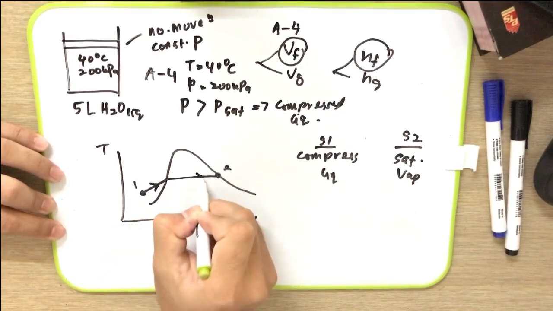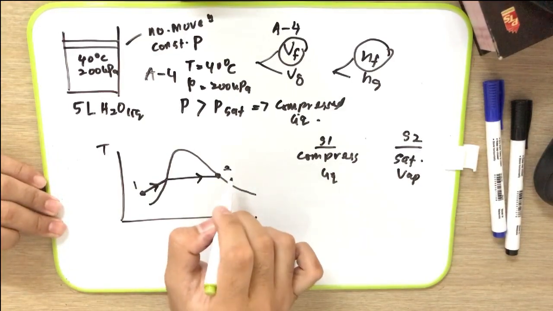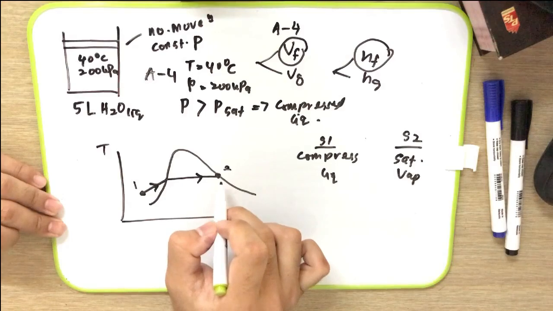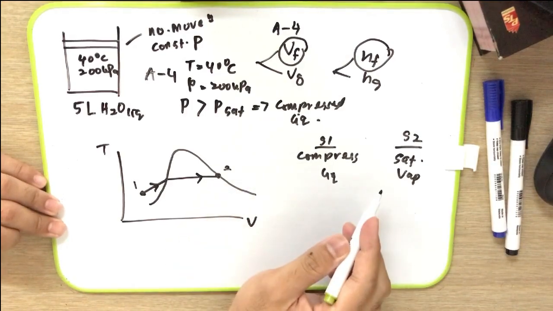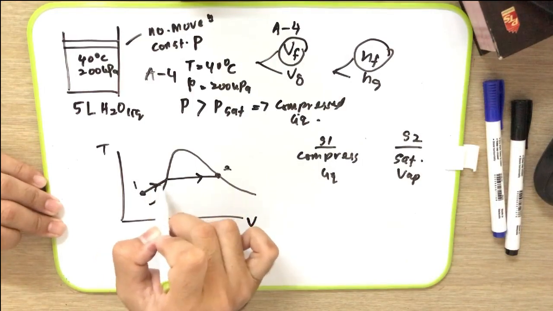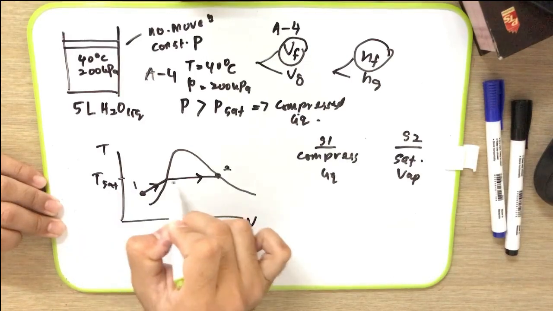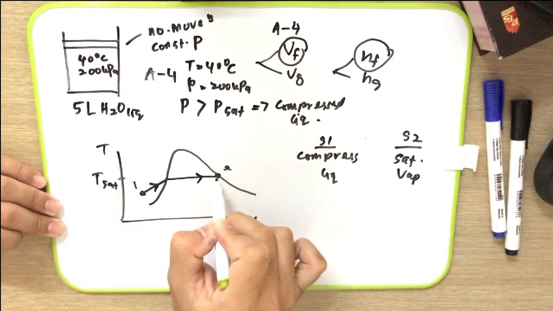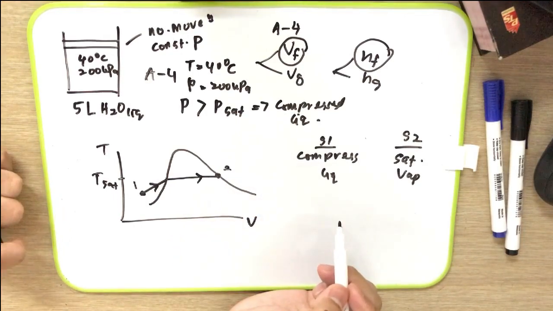The water will be totally vaporized, so it will become saturated vapor. It needs to reach the saturation temperature first, and after that it will reach the saturated vapor here. So that one is question number 4.